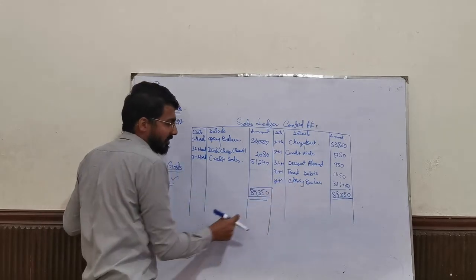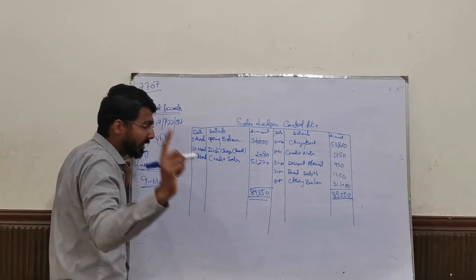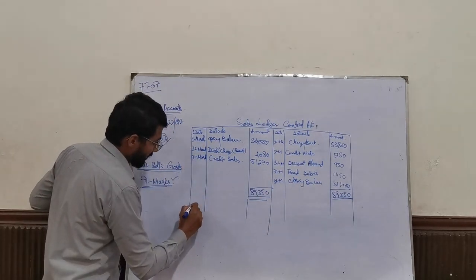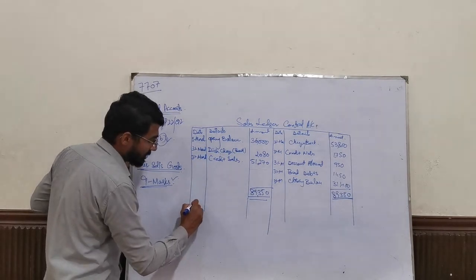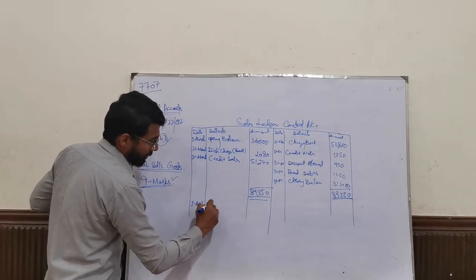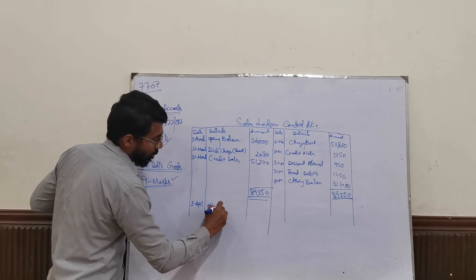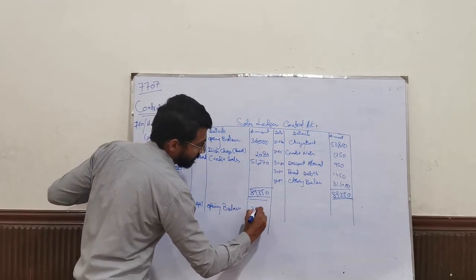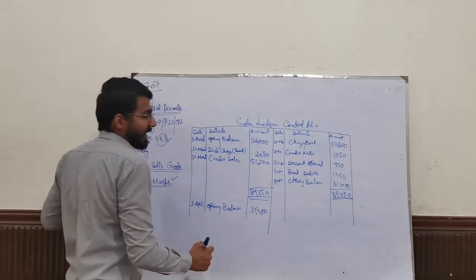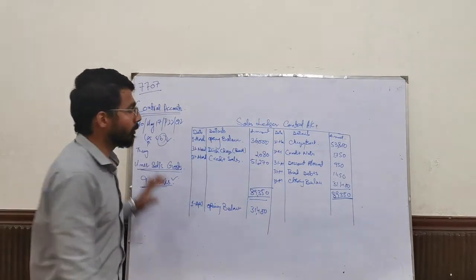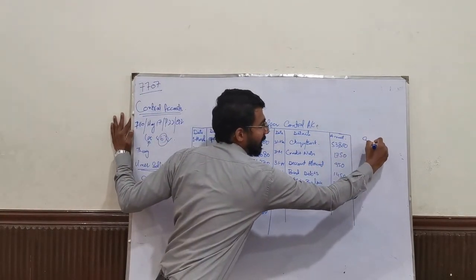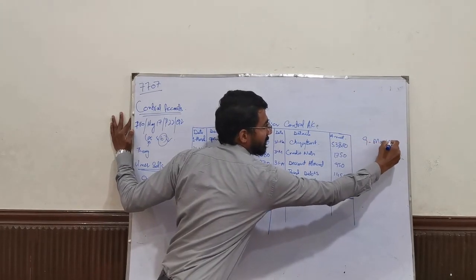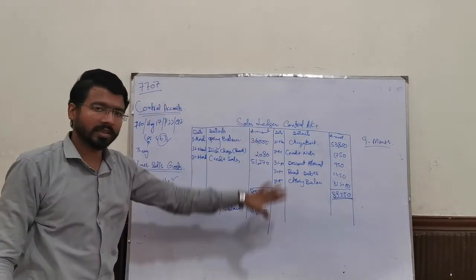If you do not mention this, you will lose 1 mark. After March we have 1st April, and you need to make the opening balance of the next month 31,400. Now you are going to get full 9 marks from this question. There is no losing marks in this.